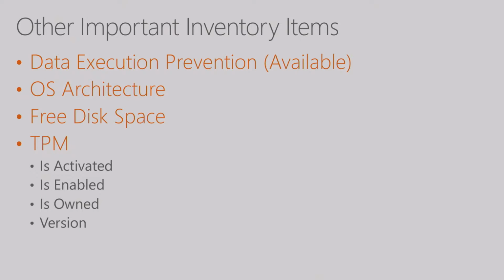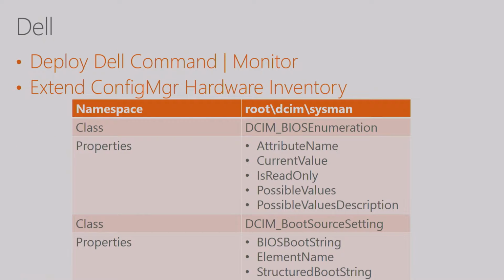So let's jump into each of the vendors, and they provide quite a few classes. You probably don't want to enable everything that they make available. You're going to bloat your Configuration Manager database. You want to grab just the necessary changes. So they do have their own namespaces.